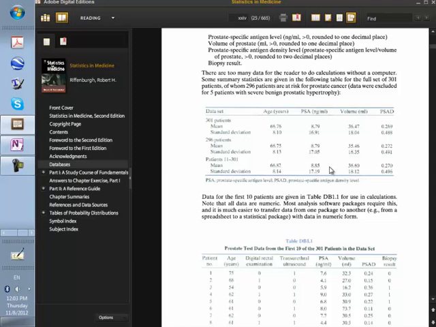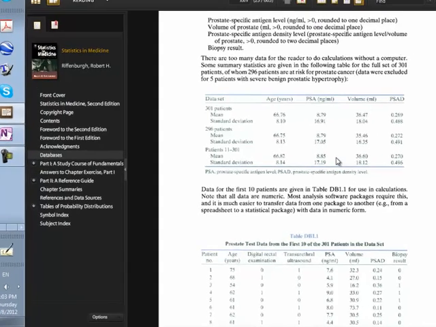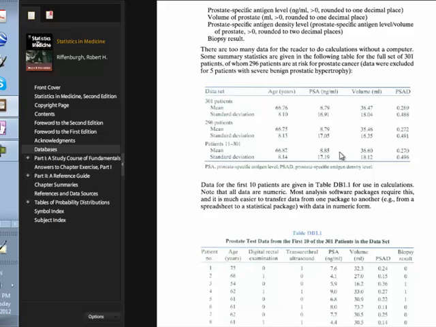Now, out of the 301 patients, you see PSA values are essentially dominant here, and that's why they look to be almost the same, because you have 296 patients identified for high risk for prostate cancer, and they are among 301 patients.